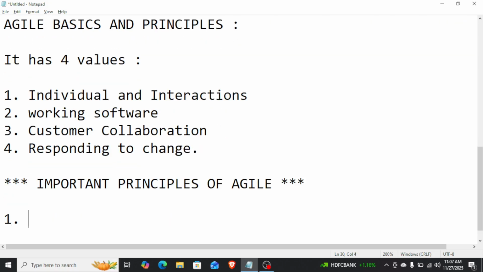First main principle is deliver working software frequently.